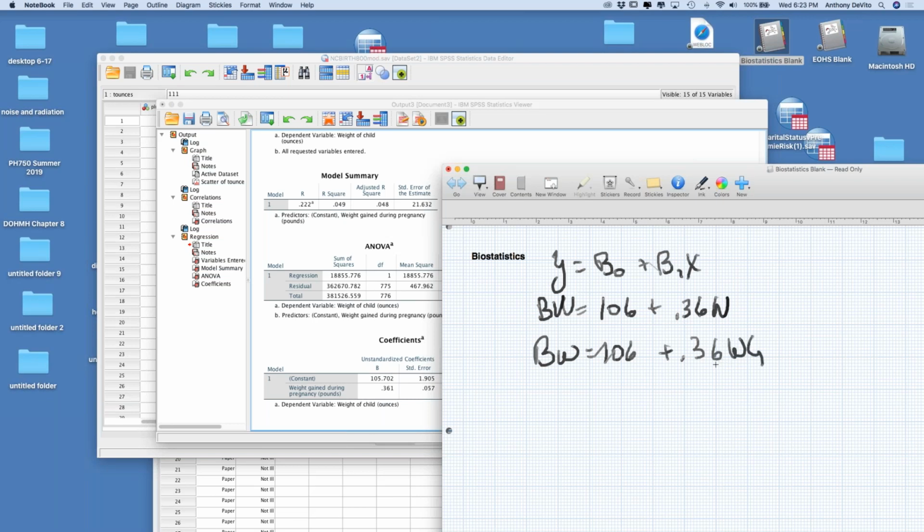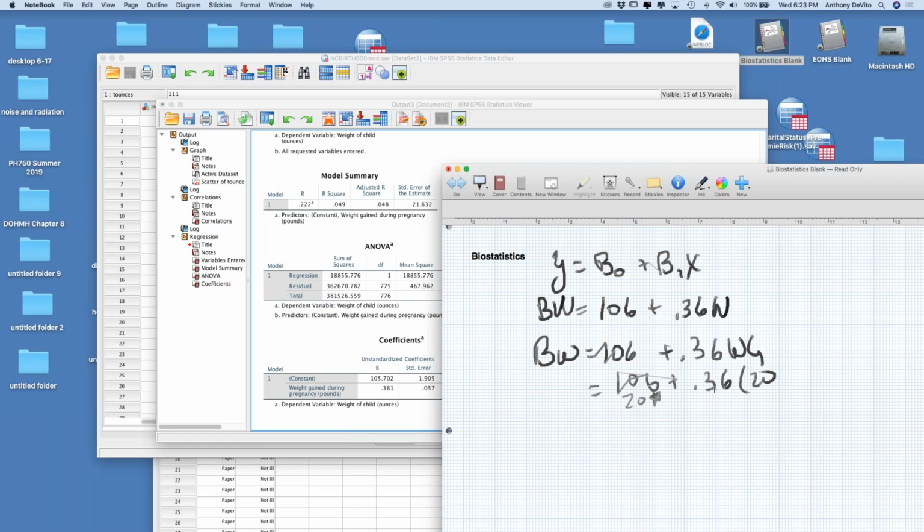Okay, so in other words, if I were to ask you, use your formula to predict how much the baby would weigh if the mother gained 20 pounds. Well, if the mother gained 20 pounds, we'd have 0.36 times 20 plus 106. So we would predict the birth weight would be, and this is going to be 7.2.